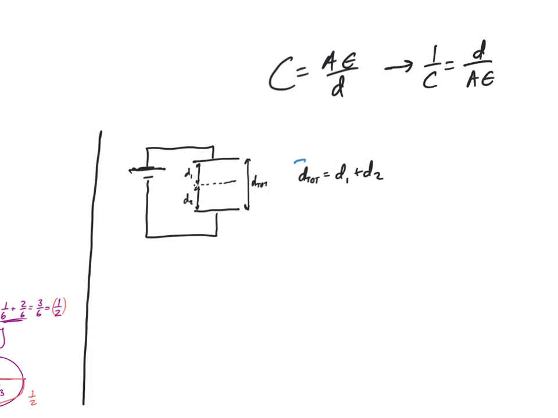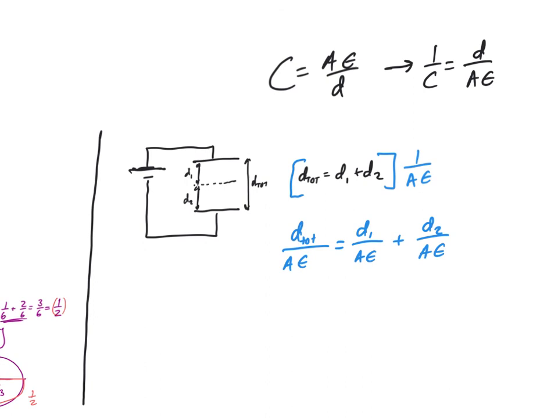So I'm going to take my distance equation. I'm going to divide both sides by the area and the permittivity, which gives me D total over area permittivity is equal to D1 over area permittivity and D2 over area permittivity.